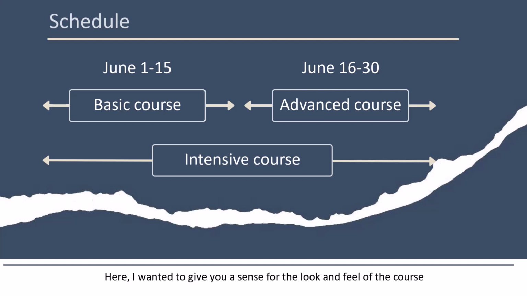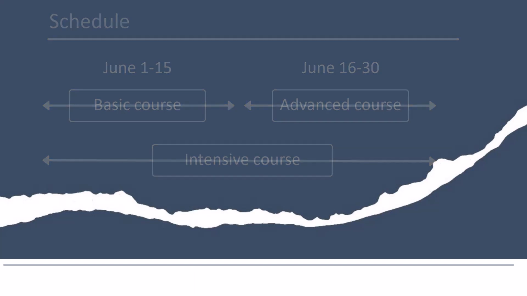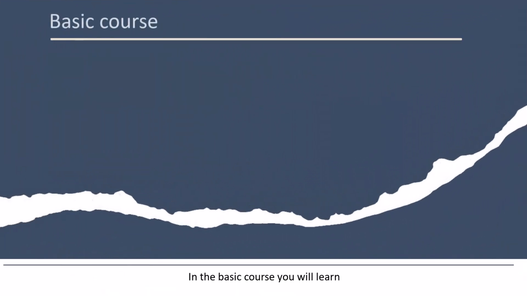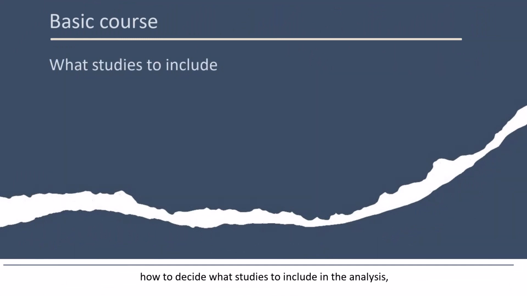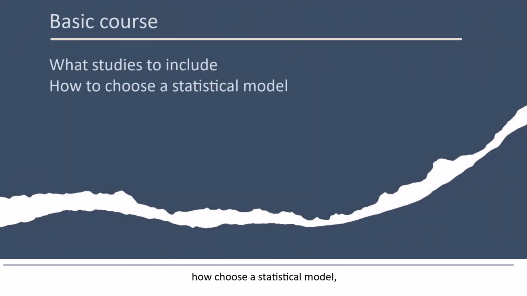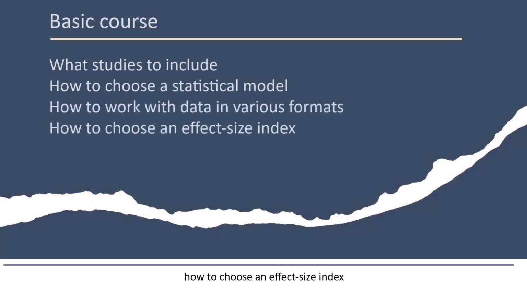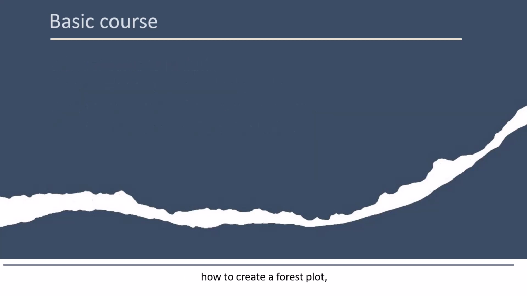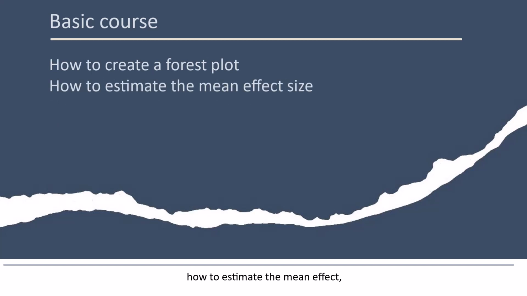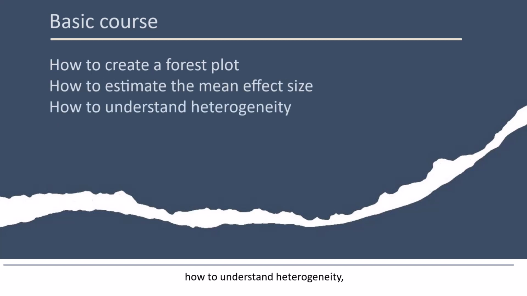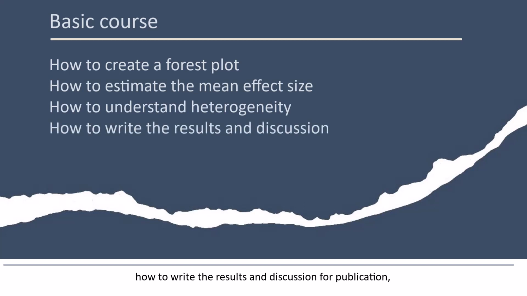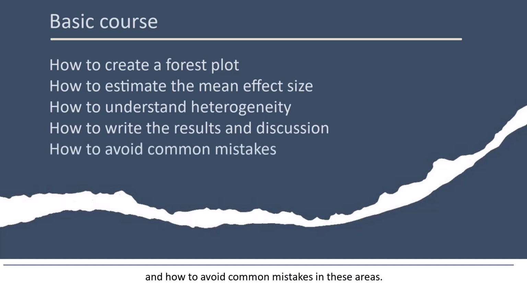Here, I wanted to give you a sense for the look and feel of the course. In the basic course, you'll learn how to decide what studies to include in the analysis, how to choose a statistical model, how to work with data in various formats, how to choose an effect size index, how to create a forest plot, how to estimate the mean effect, how to understand heterogeneity, how to write the results and discussion for publication, and how to avoid common mistakes in these areas.